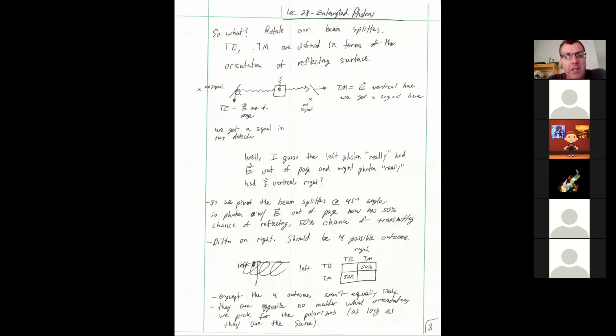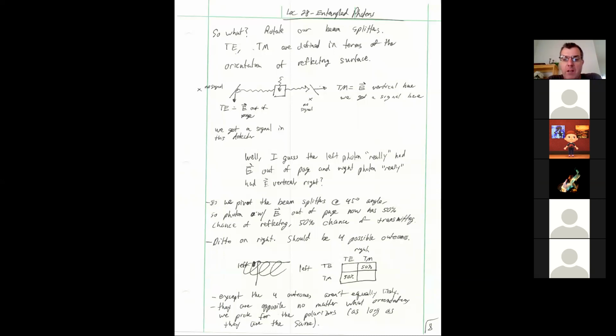But here's the problem. Let's say we pivot the beam splitters. We switch things around so that TE relative to this surface is no longer an electric field going in and out of the page. Now it's an electric field going at some other angle. We rotate the other one the same way. Well, if this photon coming out here was really in and out of the page, that's what it really was.